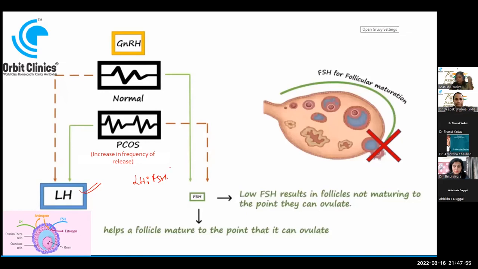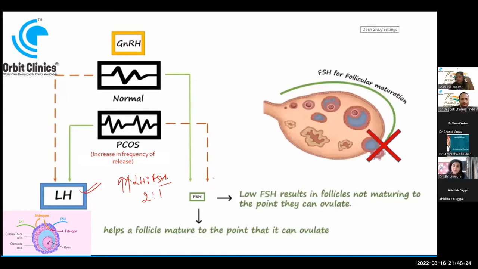Normally, there is a 1:2 ratio, meaning FSH is greater than LH. But because of this change in frequency of release of GnRH, there is more LH in comparison to FSH. So this ratio changes to 2:1, 3:1, whatever it may be, but majorly there is a change in the ratio of FSH and LH level.